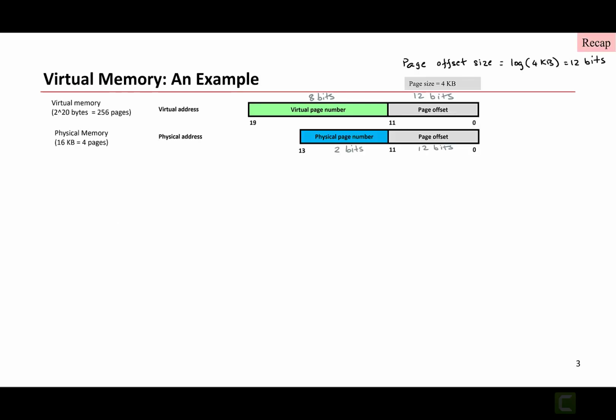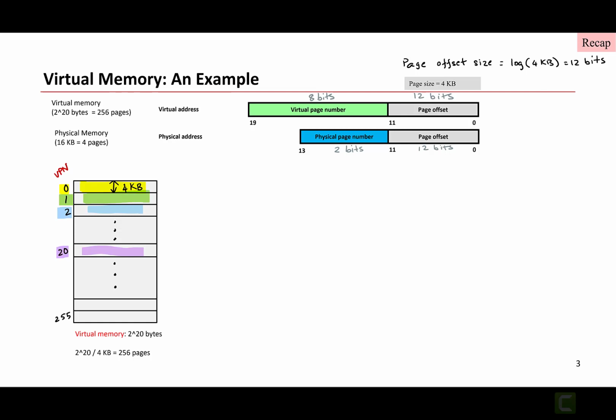Okay, so let's quickly recap the key concepts in virtual memory that we need for today's lecture. Virtual memory, like we talked about, is an idea that allows programmers to visualize and access a very large memory space.